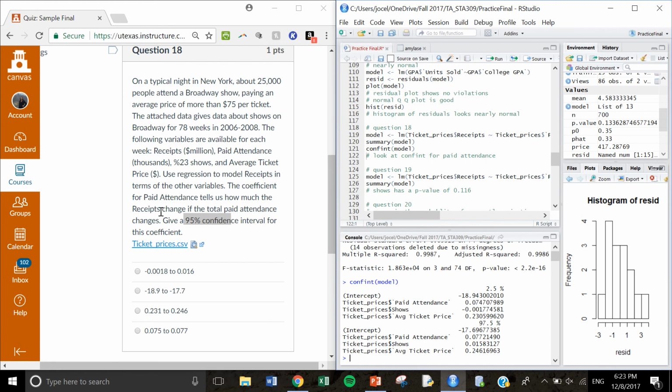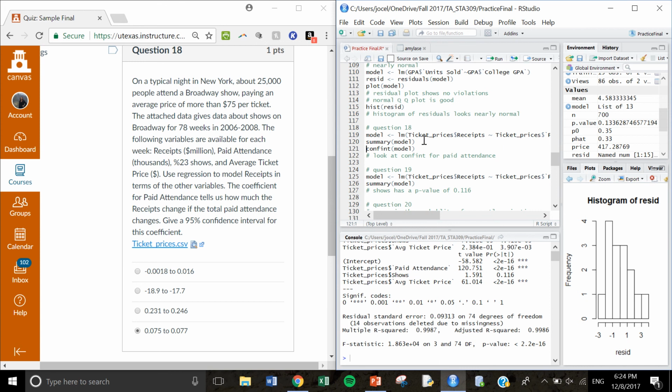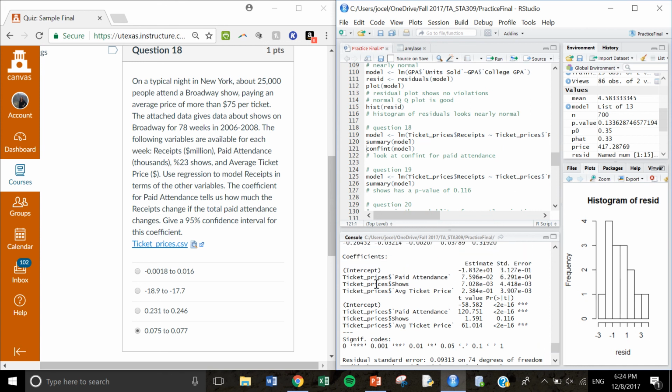We're looking for the coefficient of paid attendance. So paid attendance says the lower bound is 0.0747. The upper one is 0.077, which gives us the answer. If you did not know this confidence function, you could probably figure it out, or at least eliminate it to a 50-50 shot, because you can look at the summary of the model.